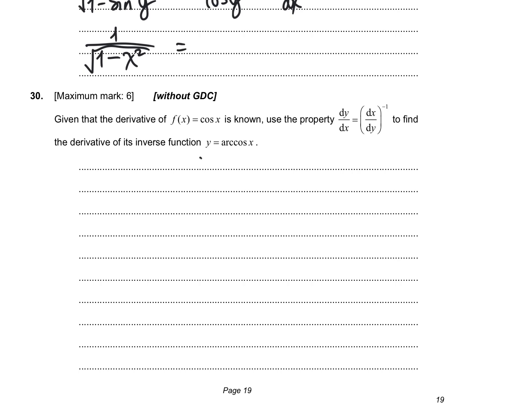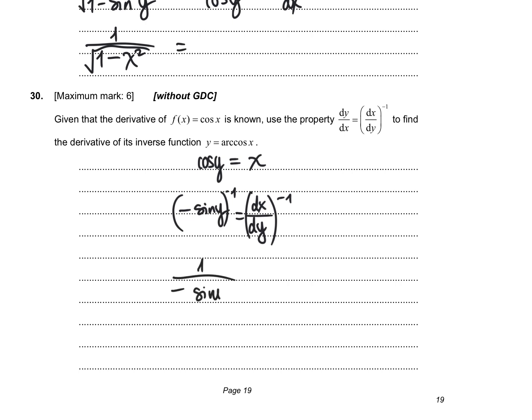So we will do cosine y equals x. So then we do dx dy is negative sine y. And then we flip it to the -1. So we're going to have 1 over negative sine y is dy dx.